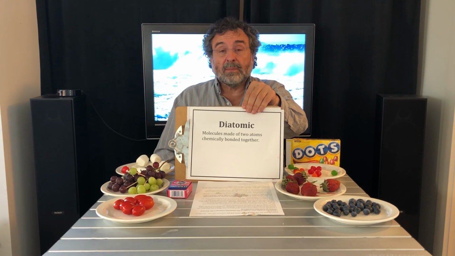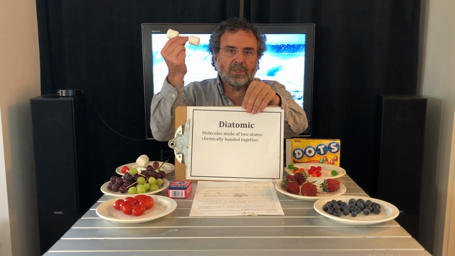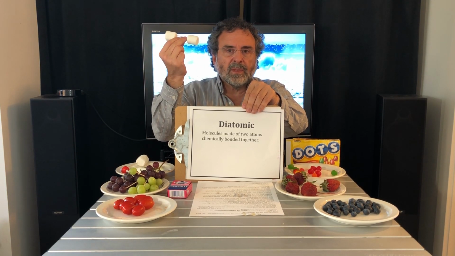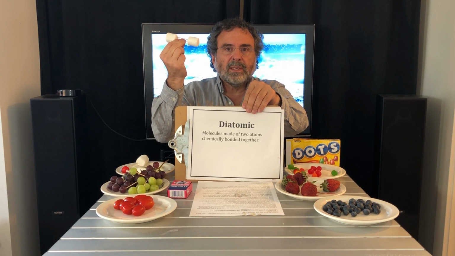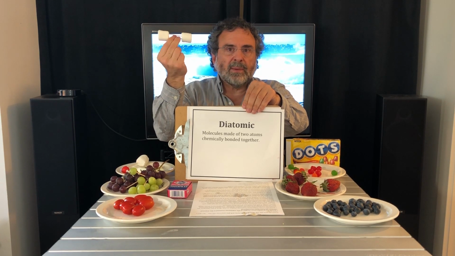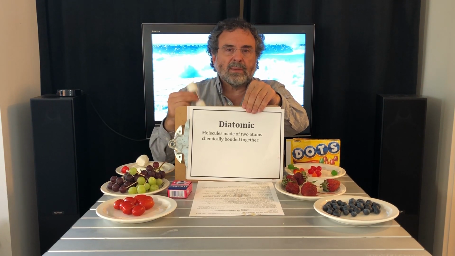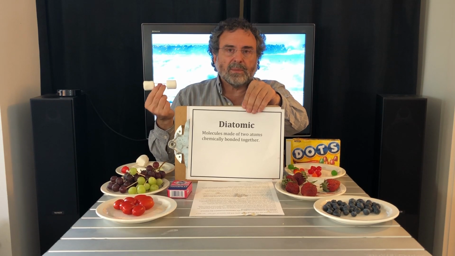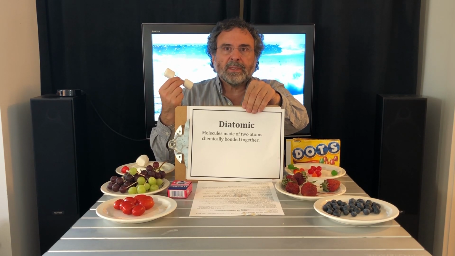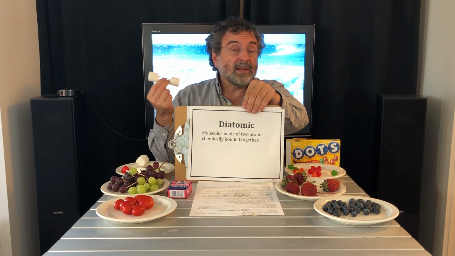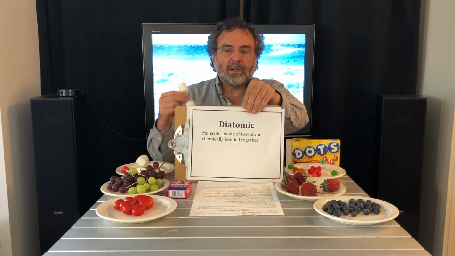But a diatomic molecule is actually 2 atoms that are bonded together, and sometimes they're the same, let's say like 2 oxygens. Sometimes they could be 2 different types of atoms, but only 2. An example that comes to mind would be chlorine and hydrogen, which would form hydrochloric acid.